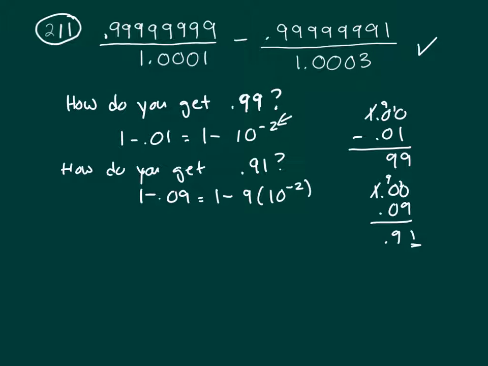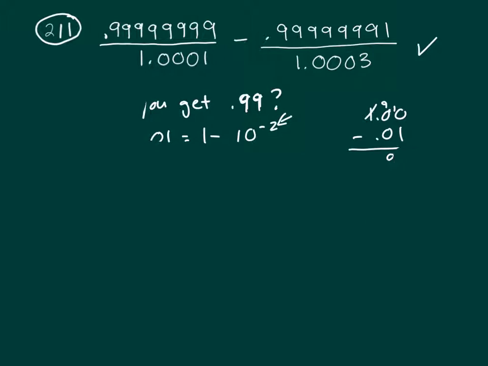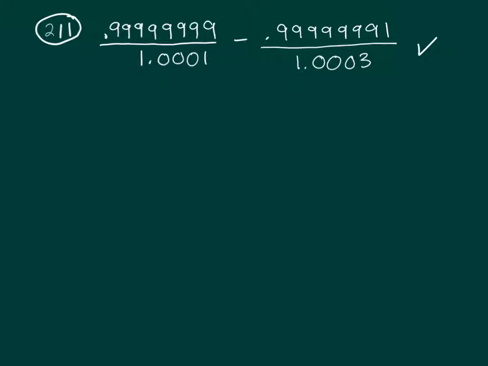So that's why. Now I'm not necessarily going to show any more why, I'm just going to do it. So let me erase this. Look how nicely that erases. All right, here we go. I've got 1, 2, 3, 4, 5, 6, 7, 8. So that's 1 minus 10 to the negative 8.